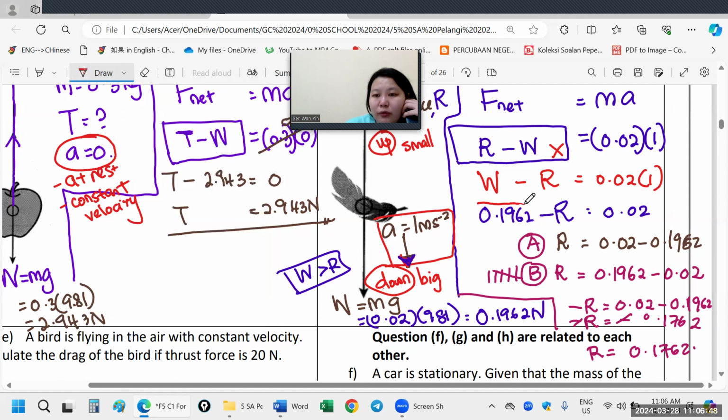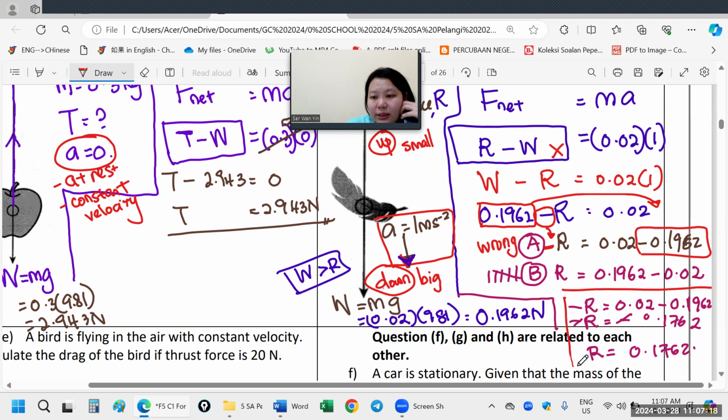Because when you move this to the other side, it's minus, correct? But A forgot to bring the negative down, right? So your answer will be negative. So A is wrong already because it forgot to keep the negative R. But if you pull the negative R down here, yes, it's okay. Very good.